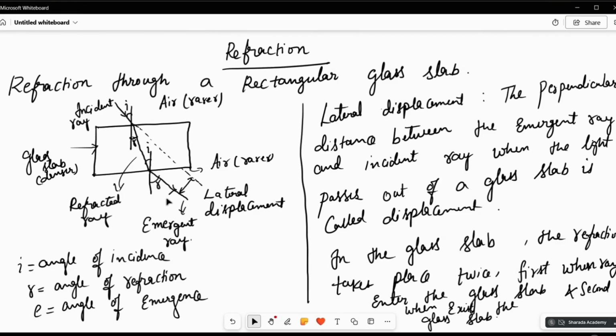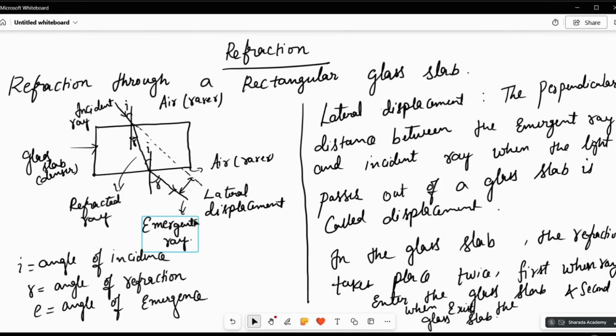So here the amount of bending the first time will be towards the normal, the other time it's away from the normal. But the amount of bending the first time and the second time will be the same. Why? Because it is between the same two media. Understood? Again I repeat, refraction through a glass slab: there will be refraction two times, one from air to glass, second time from glass to air.